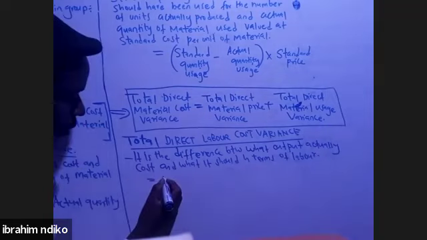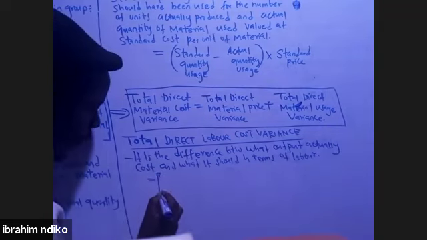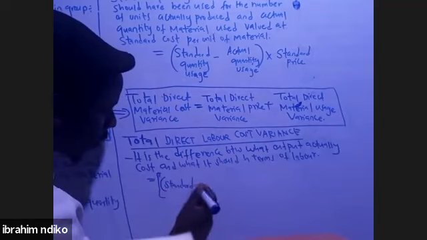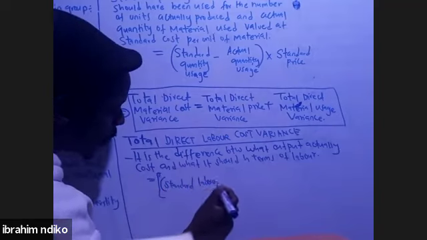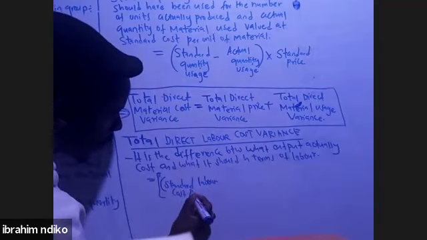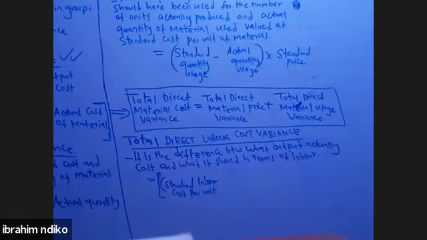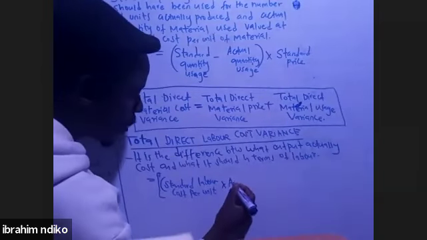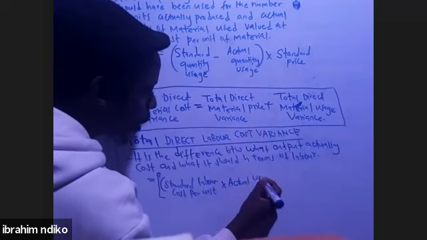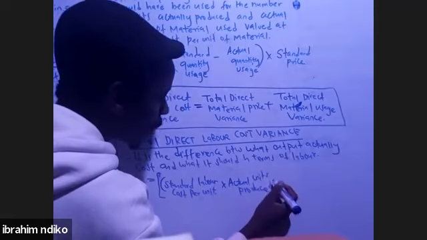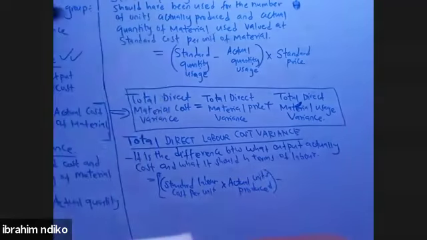So we take standard labor cost per unit, multiplied with the actual units produced, then minus the actual cost of labor.